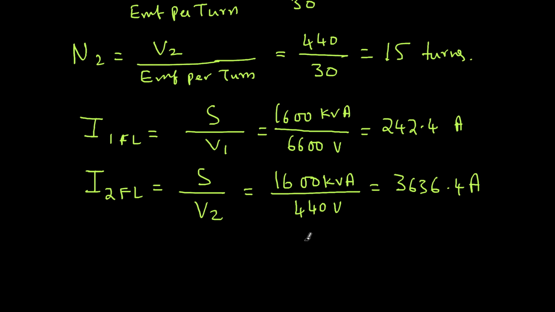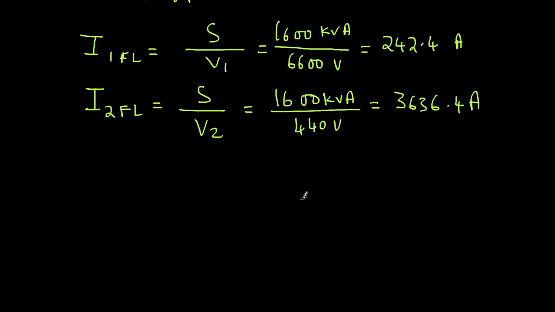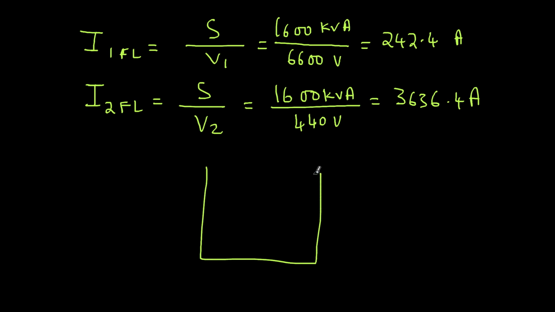Now, if this much current is flowing, we have to look at the current density. If I once again look at the window, this is the core of the transformer. I'm just drawing the inside part of it, stacking the windings like this.